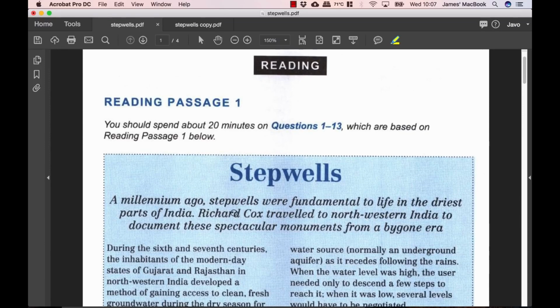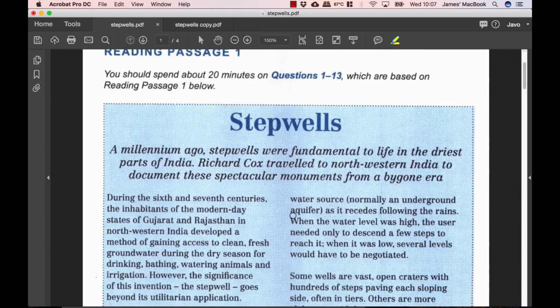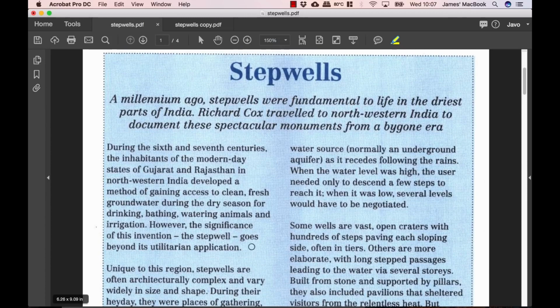In this case, it starts with "A millennium ago", and looking at the first paragraph introduces you to the topic and activates your schemata. That means it will make your brain start thinking about this topic, and that will help your brain get ready for the types of questions that might come up. So this is before we even look at the questions.